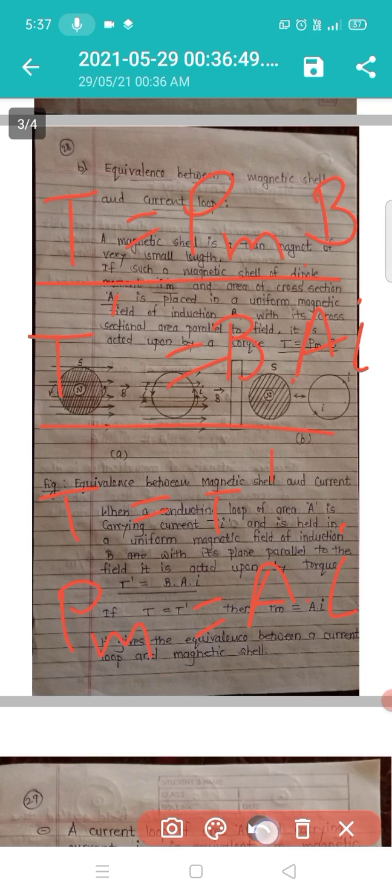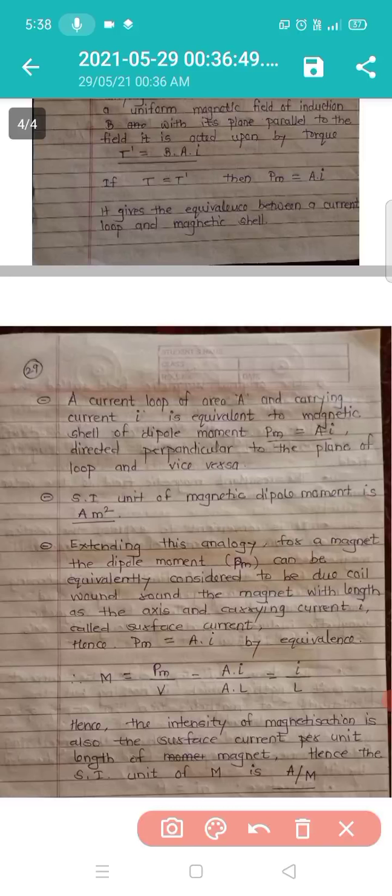Hence, we derive it. By the equivalence we get Pm is equal to A into I, that is area into current.